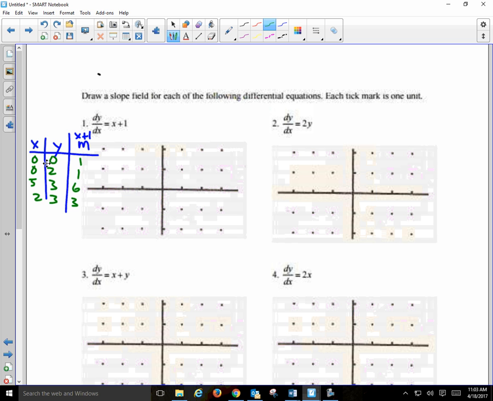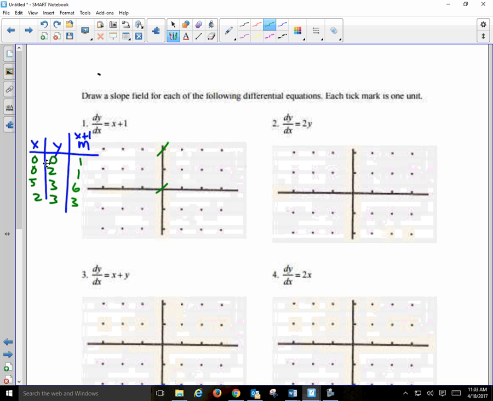So here's what they want us to do. They want us to draw segments through the point that match the slope. So at 0, 0, I draw a small segment that has a slope of 1. Through the point 0, 2, I draw a small segment that has a slope of 1. At 5, 3, which doesn't fit on here, I draw a slope of 6.